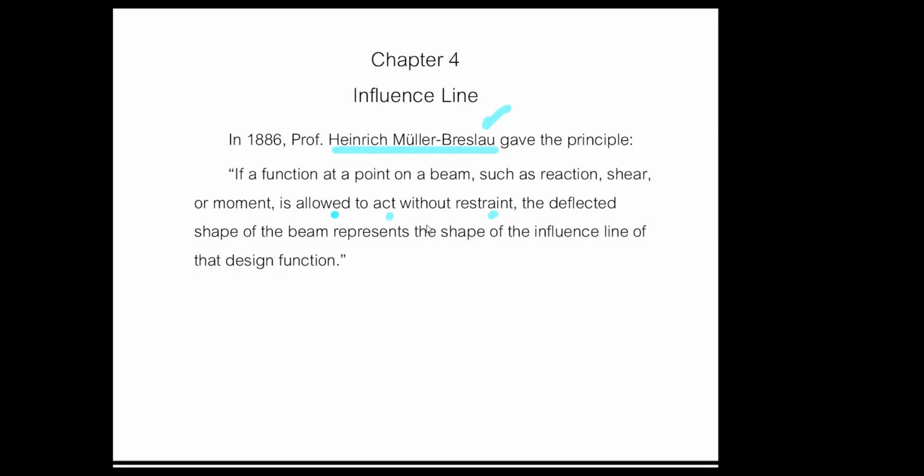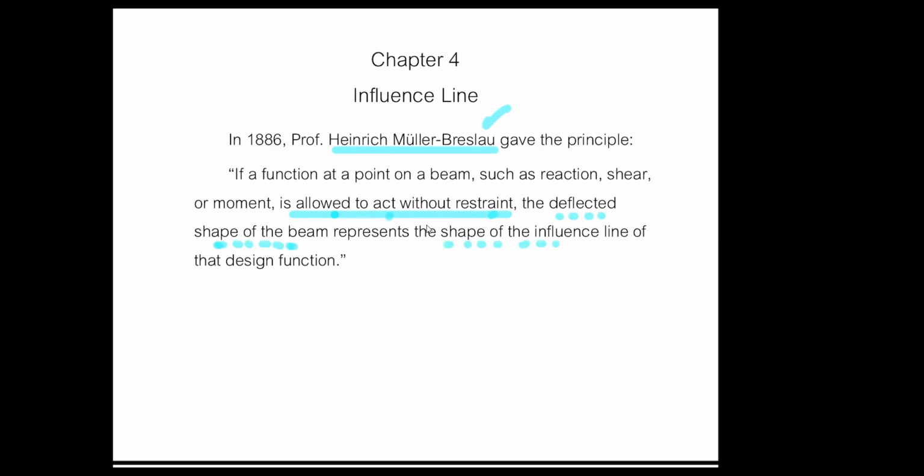See? So if you want to know the shape of the influence line of the reaction, you would allow the reaction to act without restraint. You would see that the deflected shape of the beam represents the shape of the influence line.